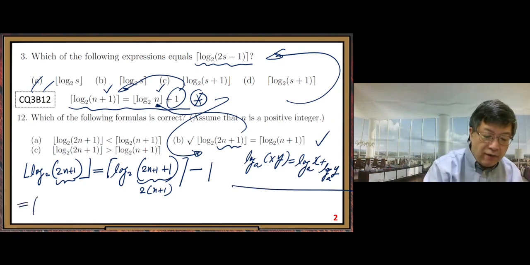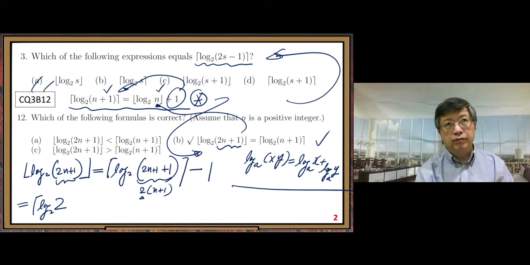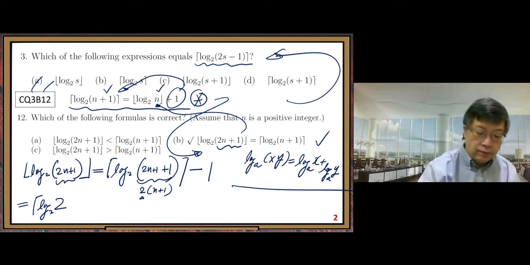Here we have log base 2 of 2, the first factor, plus log base 2 of m plus 1, minus 1.